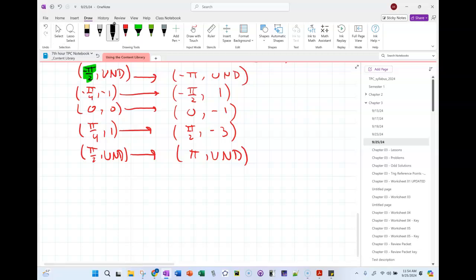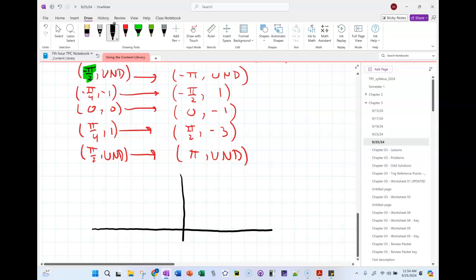All right, now let's say we want to graph this from, say, negative 2 pi to positive 2 pi. What would I want my tick marks to be? How far apart should my ticks on my x be? Well, how far apart are the x coordinates in my points? Daniel? Pi over 2. So let's make every tick mark pi over 2 long. Sound good to you guys?